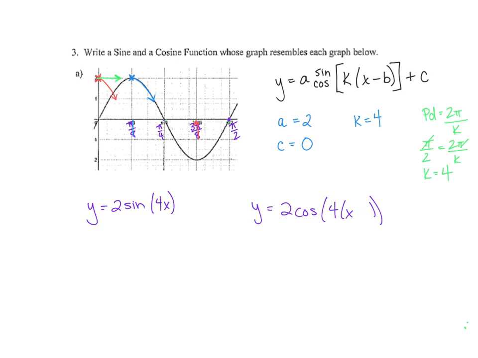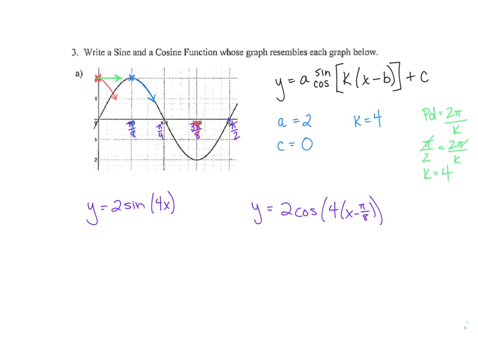I would have to shift that pi by 8 units to the right. And again, because inside of our function is opposite of how we read it for our horizontal, that would be represented with an x minus pi by 8.